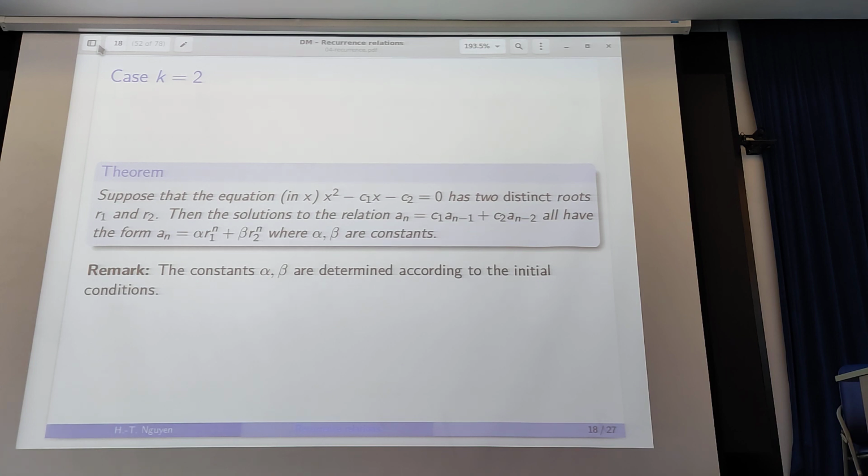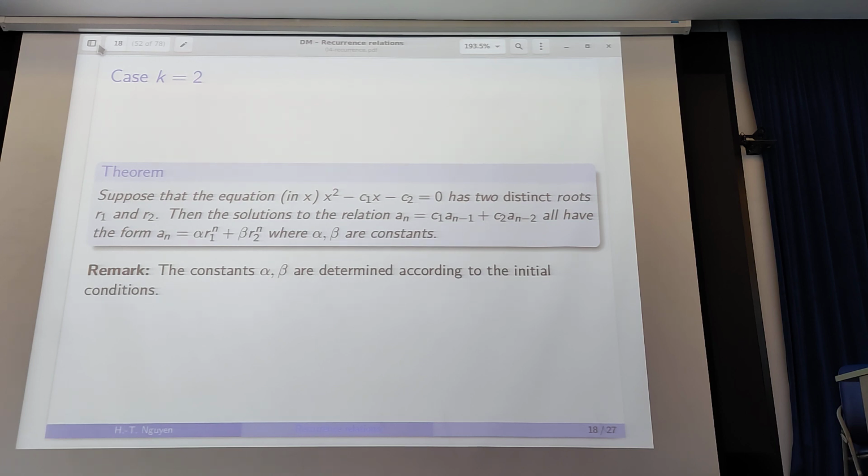So if you put the common factor outside, you will get alpha R1 to the power n minus 2, and inside you have R1 squared minus C1 R1 minus C2, and the same for R2. Okay? So you can see that this is zero because R1 is a solution to the characteristic polynomial. So this is 0 because R1 is the root.